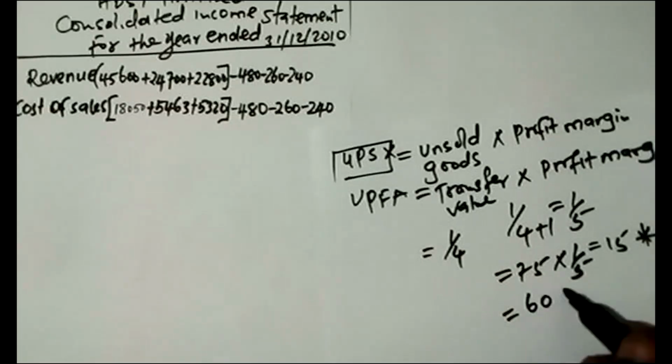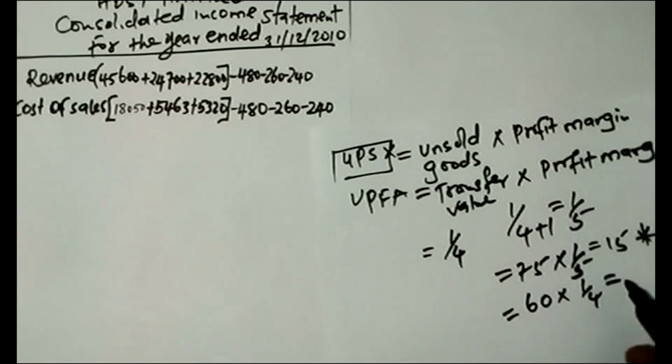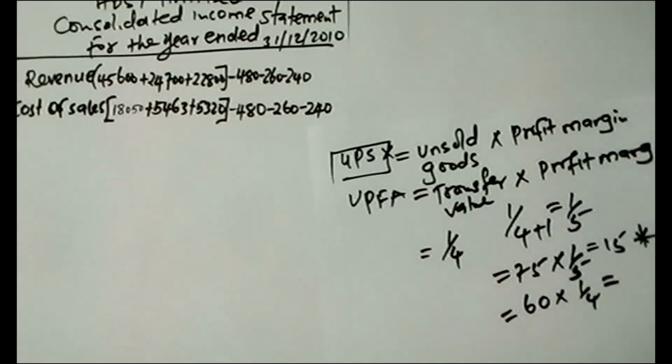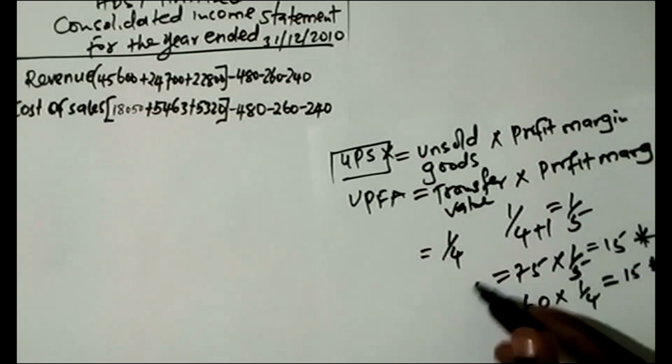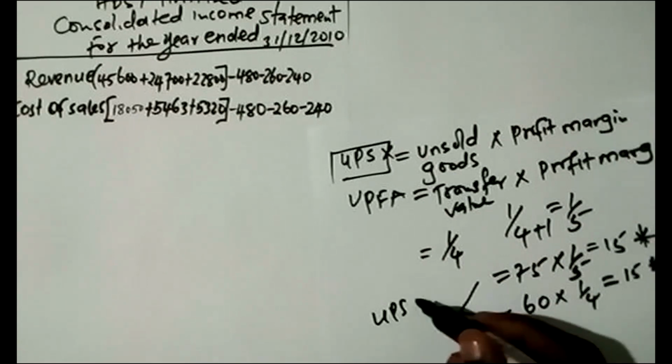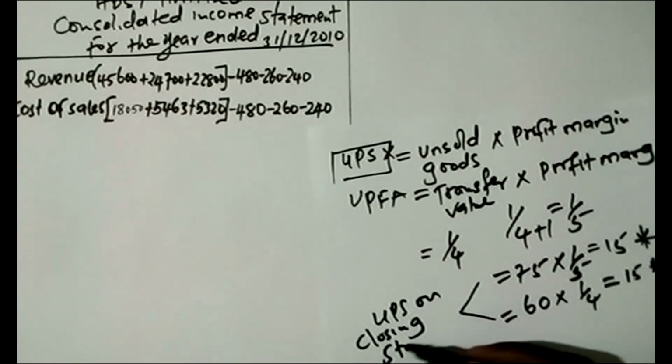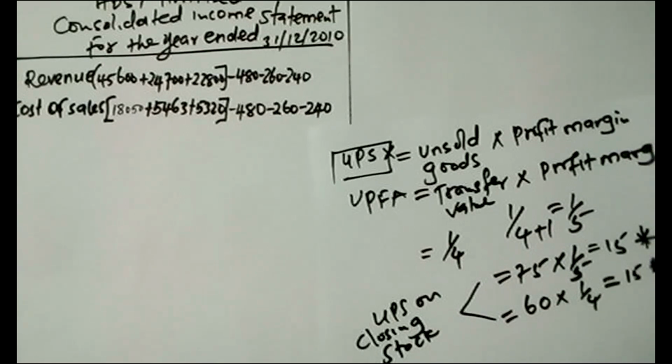So again, this is 15. Remember, this is a UPS on closing stock. Because the goods were never resold by the entity which received them by the end of the year.